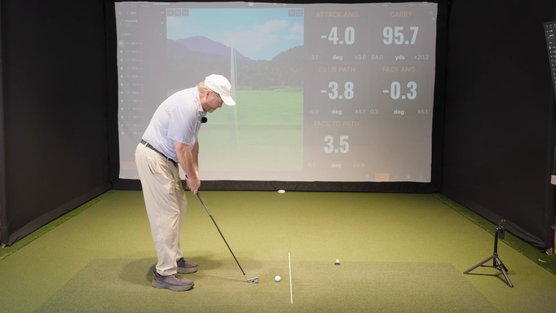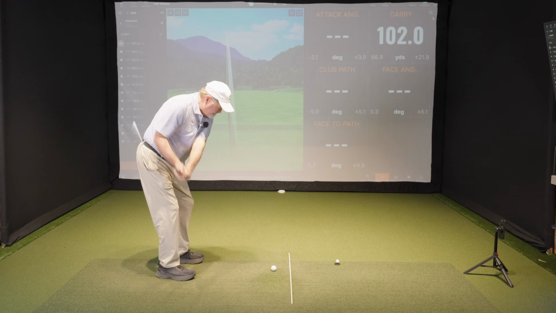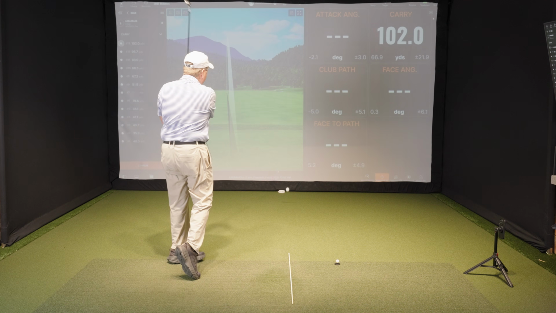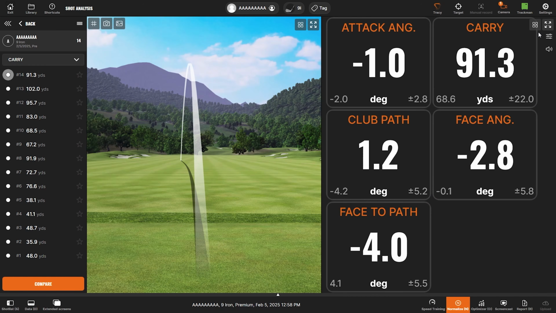If I have a more correct path to the right, so if I get a club path that's to the right, 1 degree, but my face angle is 3 degrees, or 2.8 degrees to the left, my face to path gets compounded to -4.